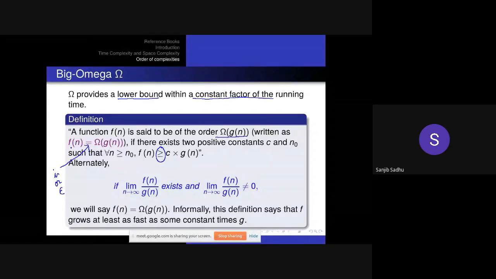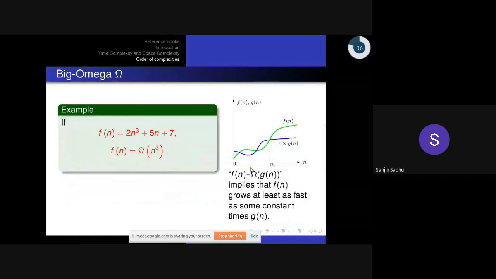Now, before starting definition 2, you see this example. This is f(n), and this is c multiplied by g(n).